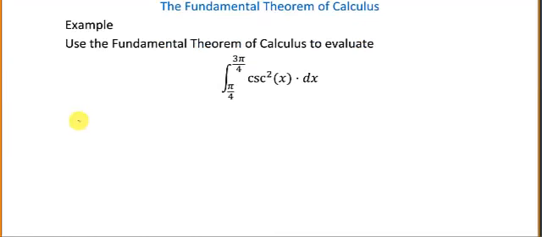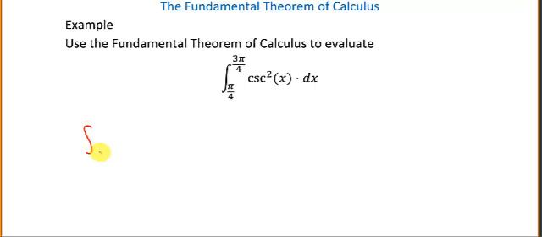All right, the antiderivative, the definite integral from pi over 4 to 3 pi over 4 of cosecant squared of x times dx.